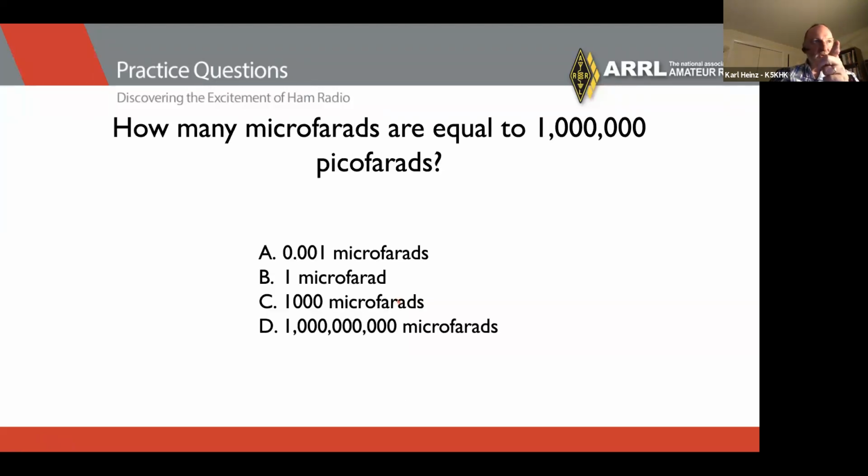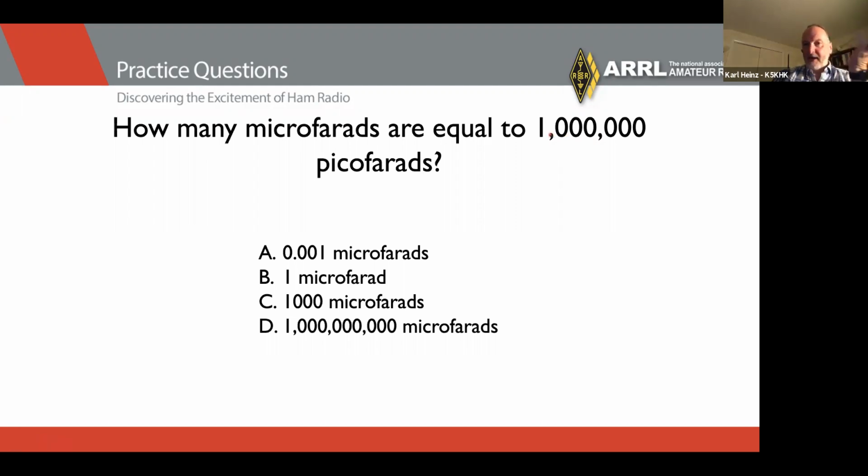And this is the last question, I think. I hope. And this is the one where we actually have to make 2 jumps. 1 microfarad. Yes, it is 1 micro. So we move the decimal point 1, 2, 3, the other way, and then we move it 1, 2, 3 again.